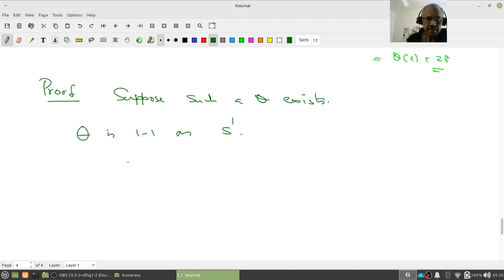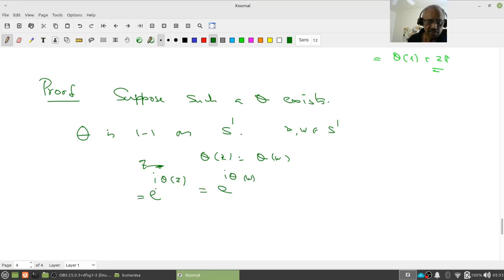Why? This is very important. Suppose theta of z equals theta of w, and z and w are in S1. Then e power i theta of z is e power i theta of w, because exponential is a function.